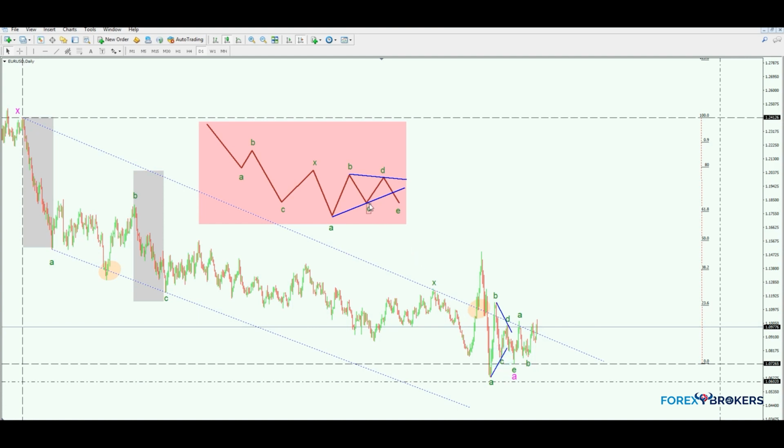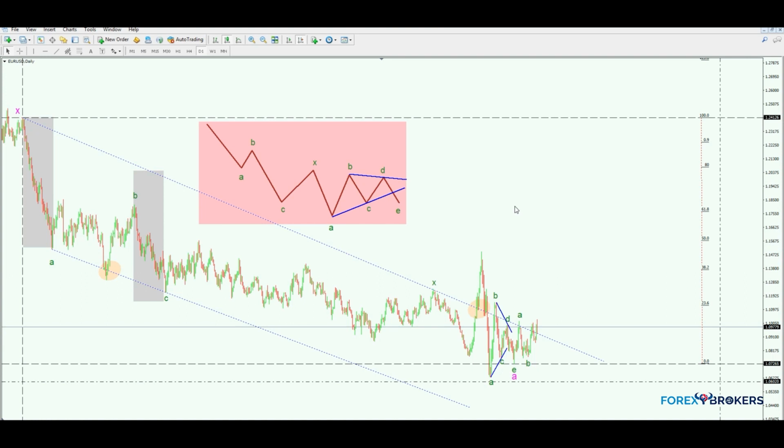There you go. So this is how a double combination appears in theory, within the Elliott Wave Theory. And this is a double combination that starts with a zigzag and ends with a triangle.